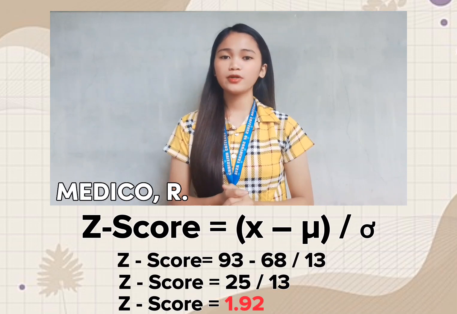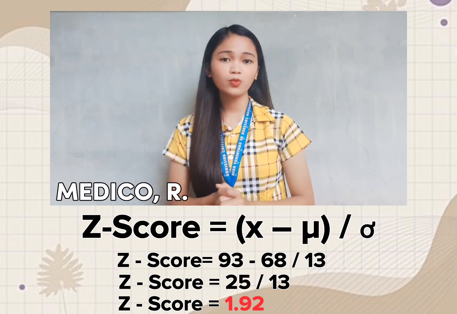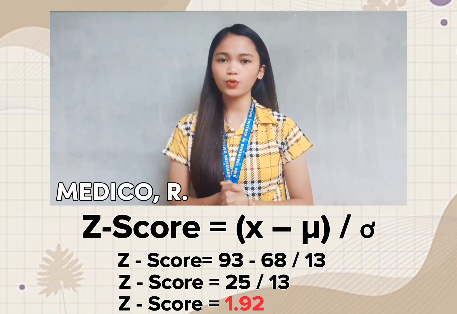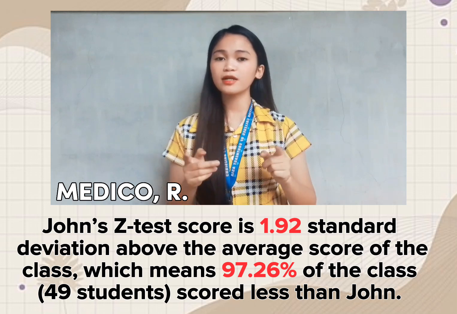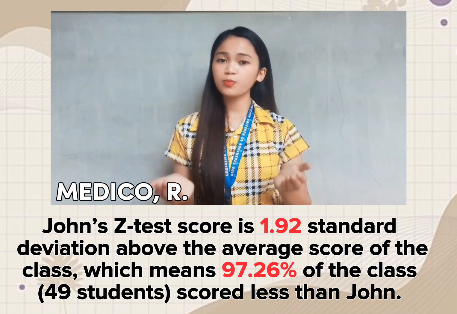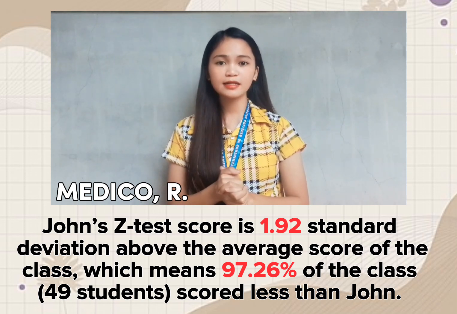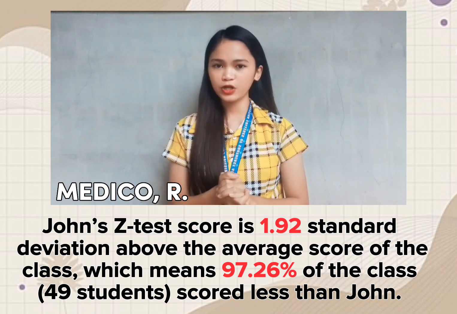So 93 minus 68 equals 25, and 25 divided by 13, which is the standard deviation, equals 1.92. Therefore, John's test score is 1.92 standard deviations above the average score of the class, which means 97.26% of the class, that is 49 students, scored less than John.